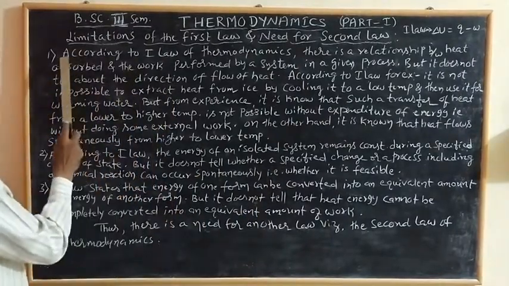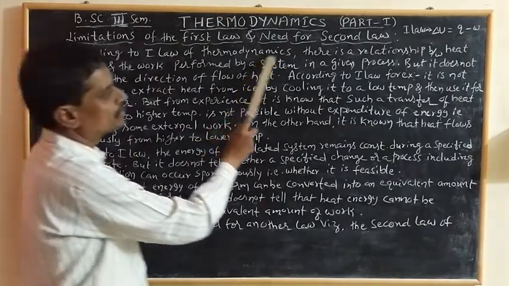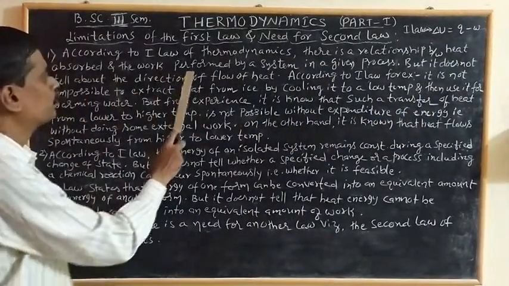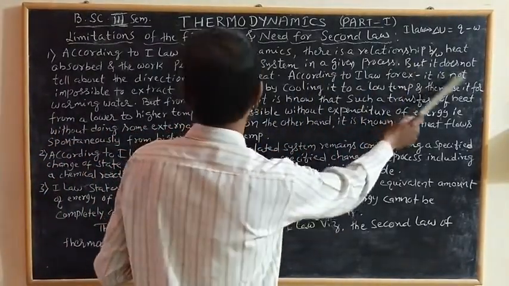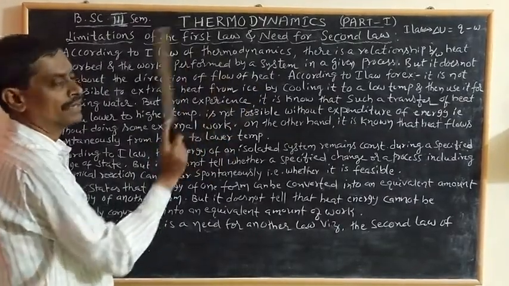So now we study the limitations of the first law. According to the first law of thermodynamics, there is a relationship between heat absorbed and the work performed by a system in a given process, but it does not tell about the direction of flow of heat. This is very important.